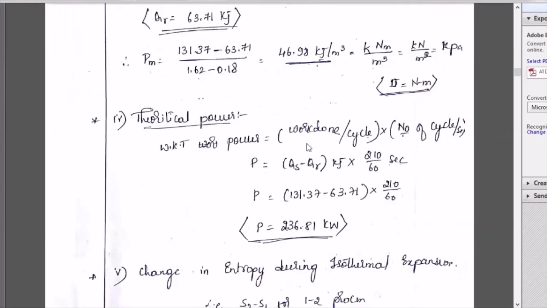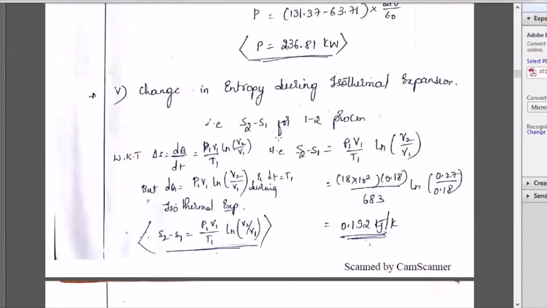That is what they have written, S2 minus S1 for the 1 to 2 process. What is the general formula of entropy? The general formula of entropy is dq by T, which you have studied in the Clausius inequality statement.